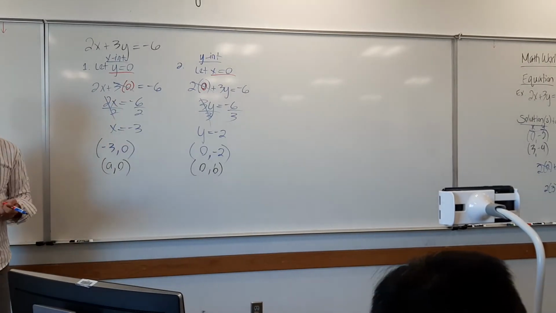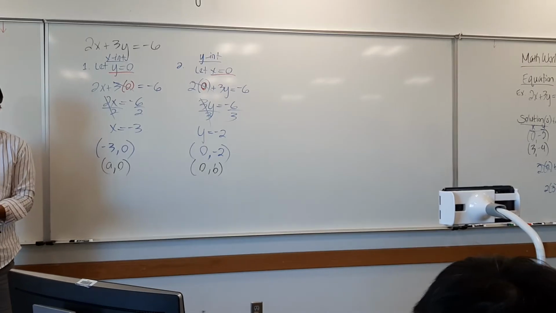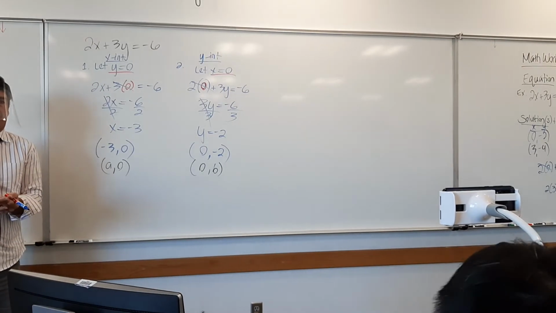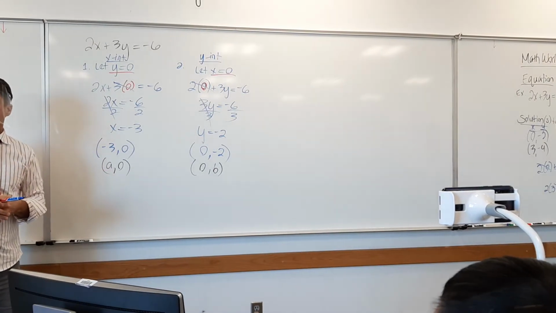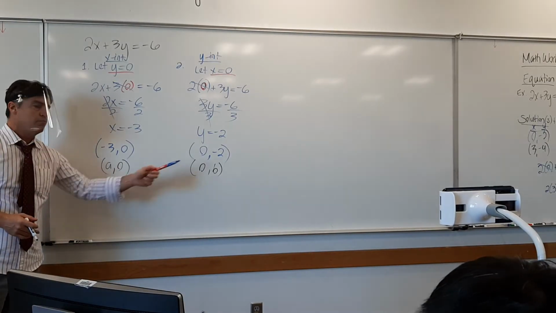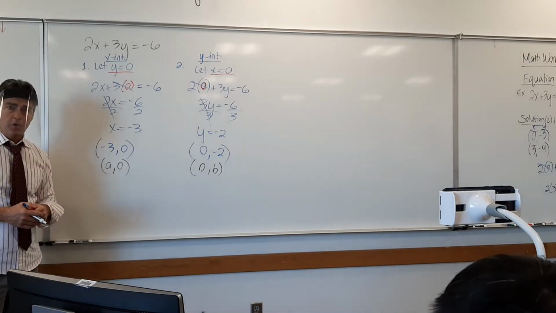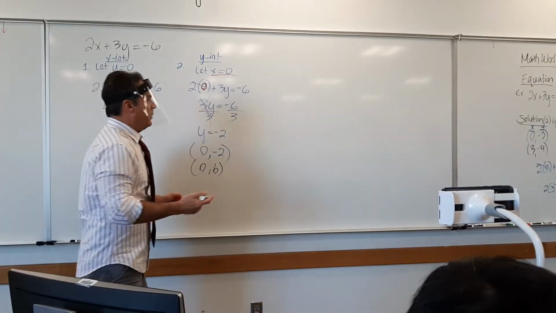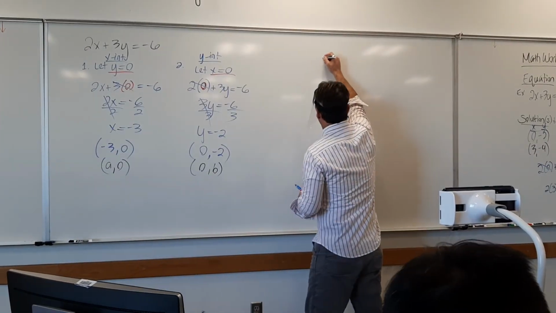So a and b are still values of x and y, but they're the one value of the infinite values on a line that represent where we cross our axes. A being the x-axis, b being the y-axis. We cool? Now we got to plot those two dots, so we're going to draw our graph.